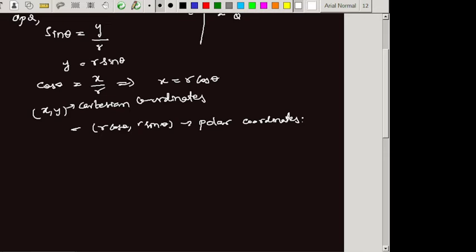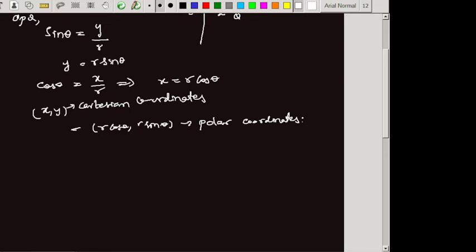Now here we have the polar coordinates. In polar coordinates, x is r cos theta, y is r sin theta. We know that r is a function of theta. So if we differentiate x with respect to theta, we must apply the product rule.